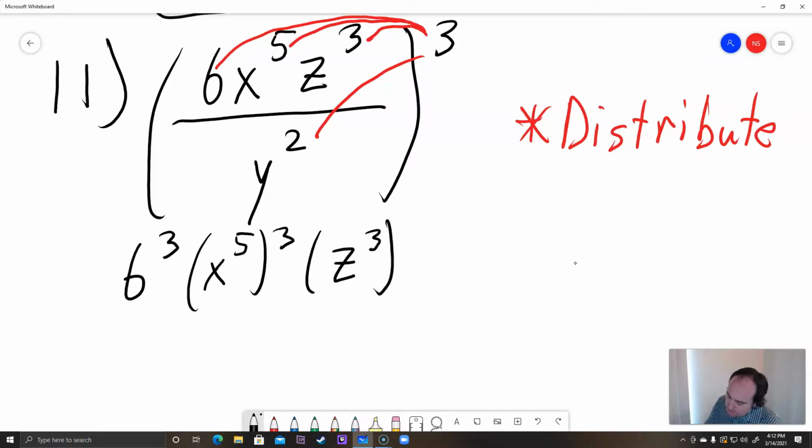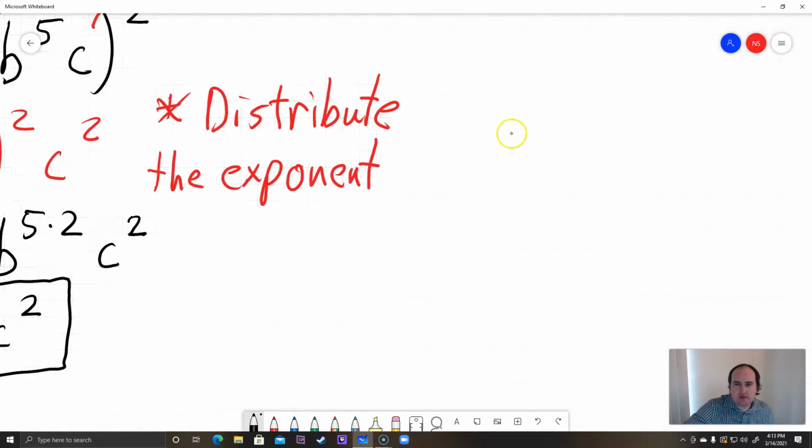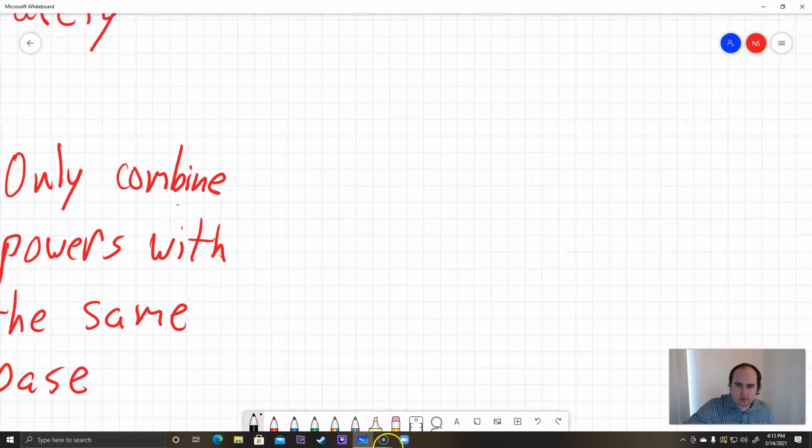In other words, z to the third power raised to the third power, all over y to the second power raised to the third power. Okay? And you're allowed to distribute on both the top and the bottom because we only have one term, and also because in the numerator we have things multiplied together. So that was actually using one of the earlier rules that we learned.